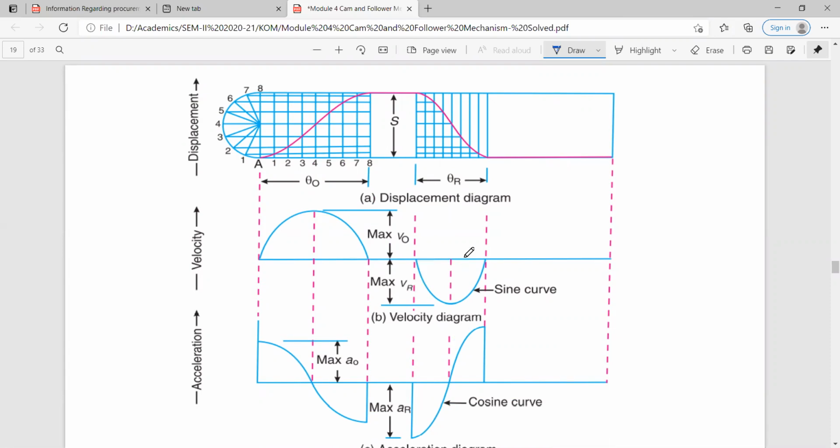Based on that, similarly you can draw the acceleration diagram and take the amplitude from the calculated values. तो कितना एंगल ऑफ राइज में कितना मैक्सिमम एक्सेलरेशन है, during return how much is the acceleration of the follower.